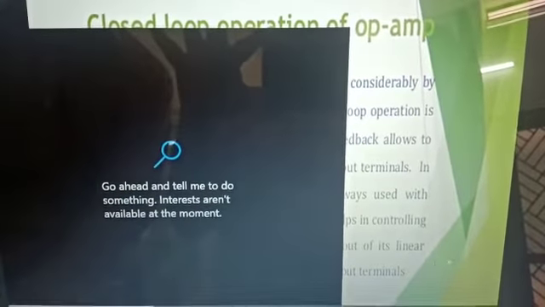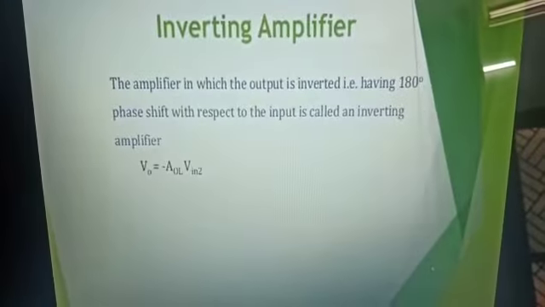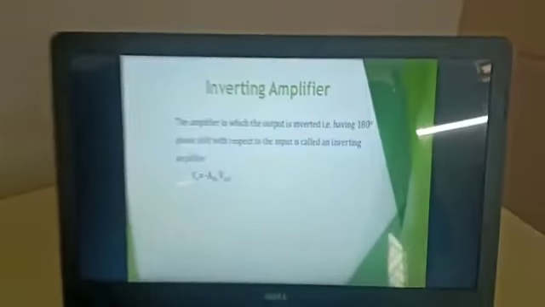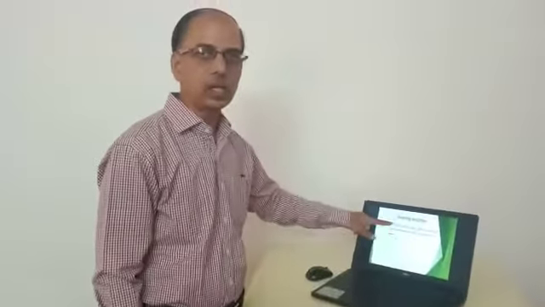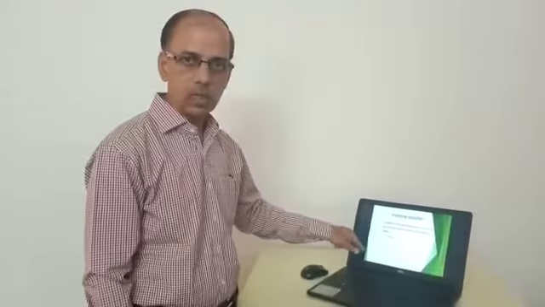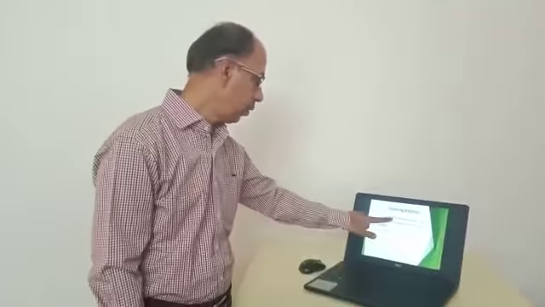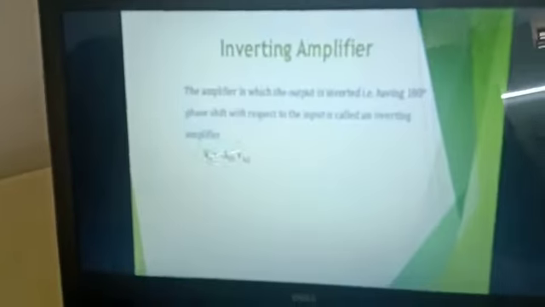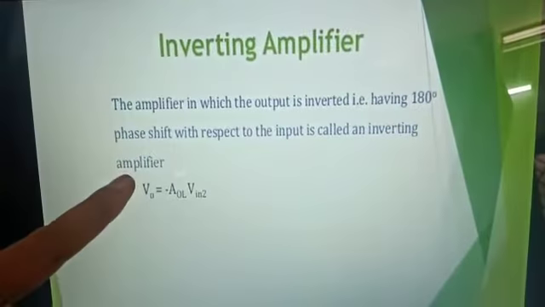The next slide is the inverting amplifier. Inverting amplifier means the signal is given to the inverting input of the op amp and the non-inverting terminal is grounded. So the amplifier in which the output is inverted, having a 180 degree phase shift with respect to the input, is called an inverting amplifier.